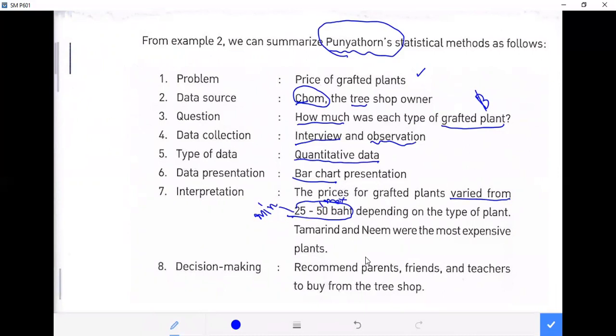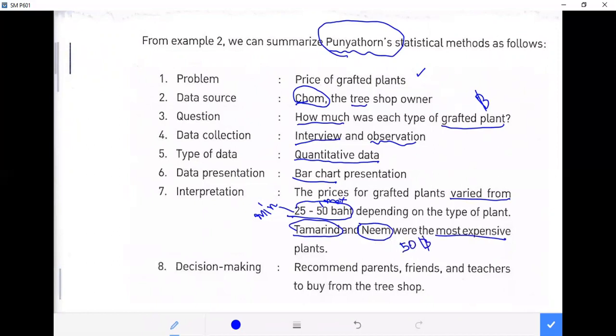He just used the min and max. And he says tamarind and neem are the most expensive, at 50 baht.